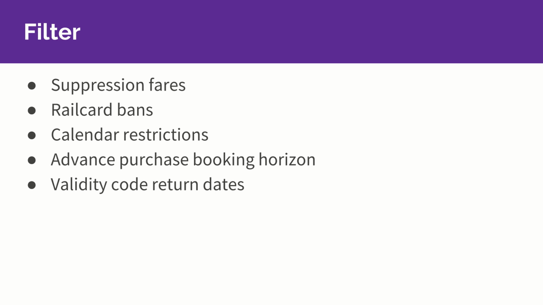There's also a particular date that has to have passed, and that's a rather interesting one. That basically says that if you are traveling out on a Monday, and the validity code says that you have to return after a Friday, then you can't return with that ticket until the Saturday.